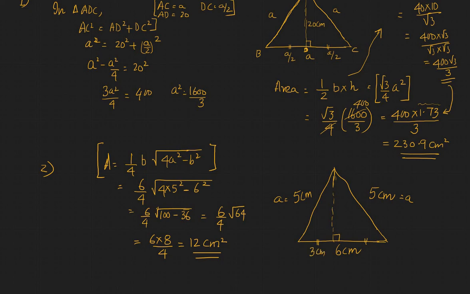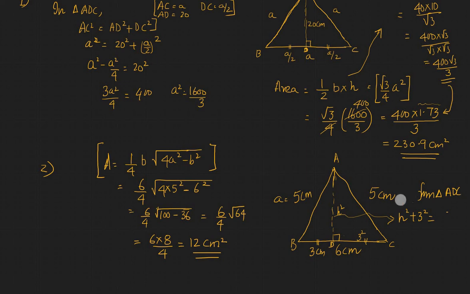So this height h would be equal to, from triangle ADC, you know that h squared plus 3 squared, using Pythagoras theorem, you can say h squared plus 3 squared equal to, this side is 5 centimeters, right?